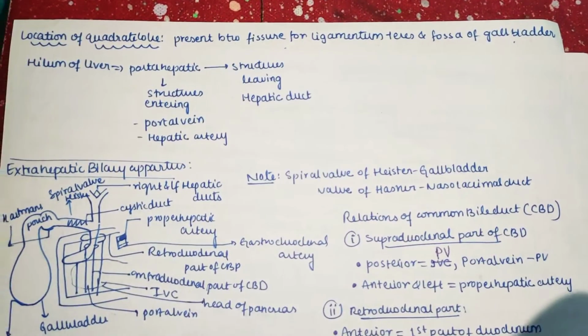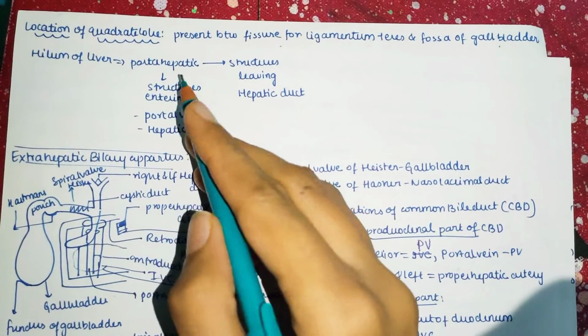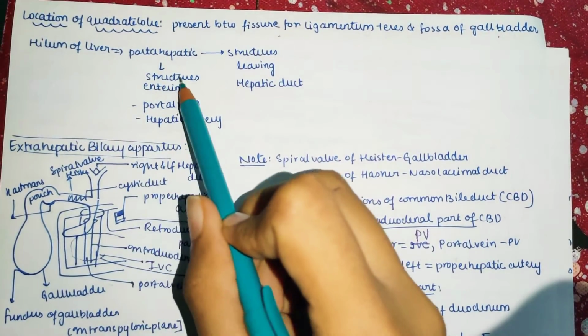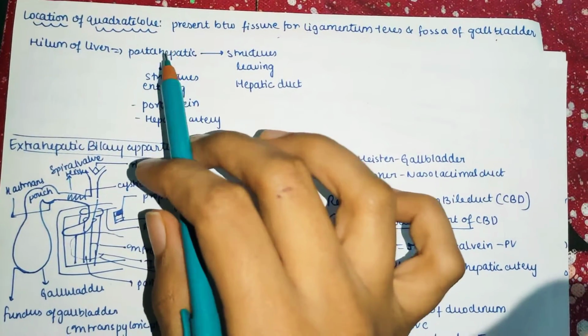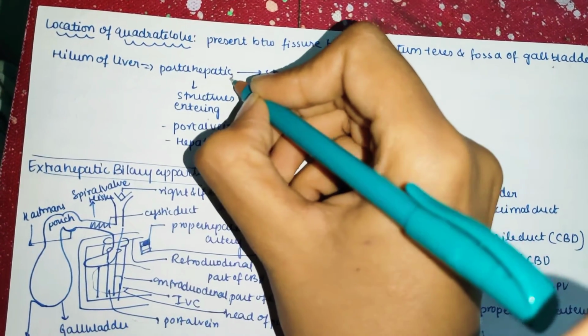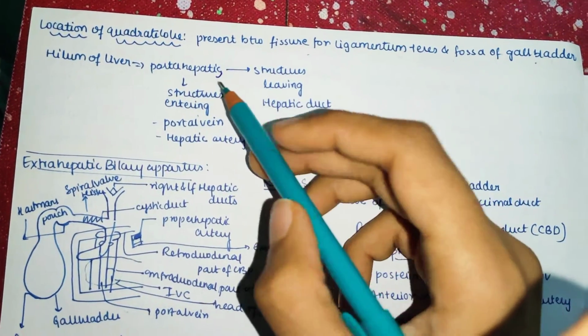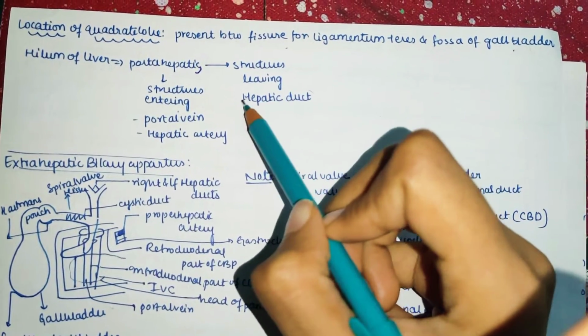Now coming to the hilum of liver. The hilum of liver has the porta hepatis. The structures entering it are portal vein and hepatic artery, and the structure which is leaving the porta hepatis is the hepatic duct.